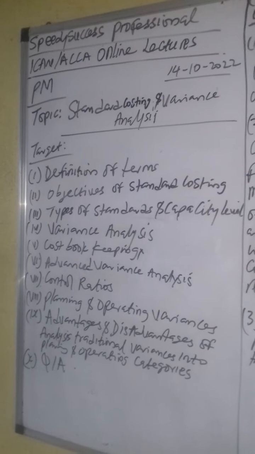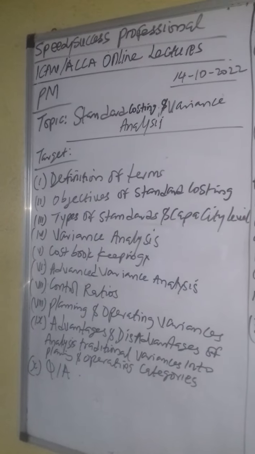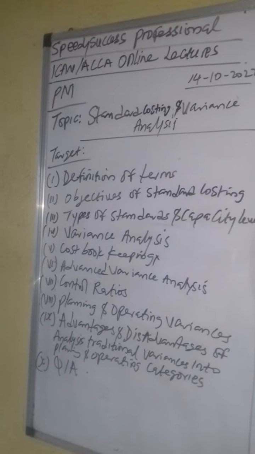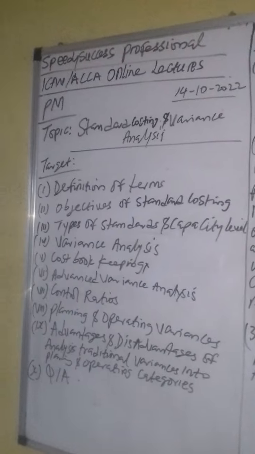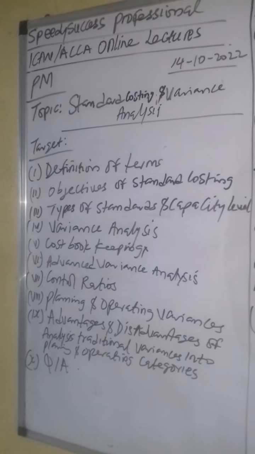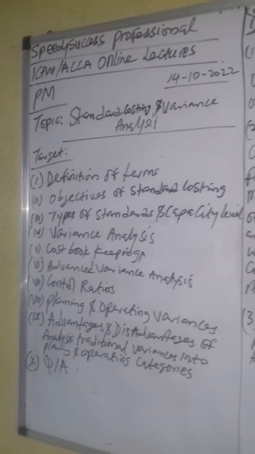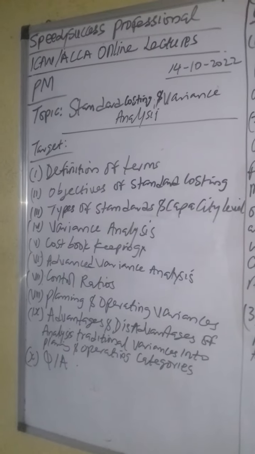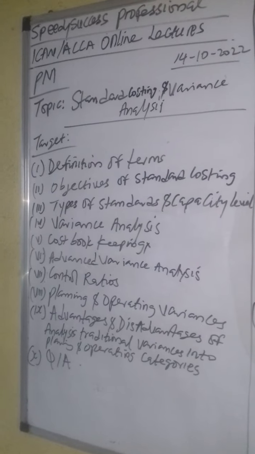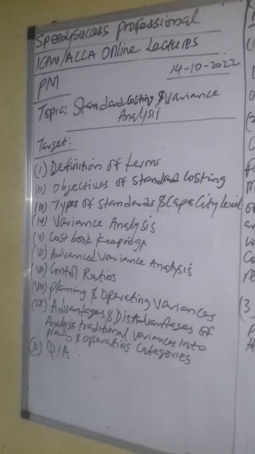All right, today we'll look at the targets. One, we'll look at definition of terms. We'll look at the objective of standard costing. We're also going to look at types of standard and capacity, variance analysis. We briefly look at the cost book.